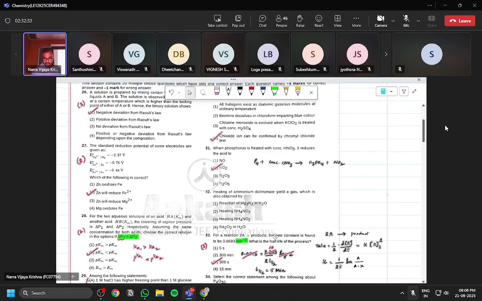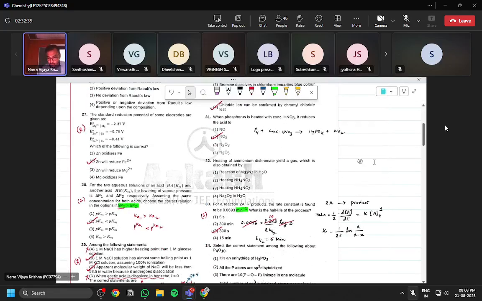Next one. Heating ammonium dichromate. What is this reaction? Ammonium dichromate, orange colored crystals. Laboratory volcanic eruption reaction. We saw the video also.